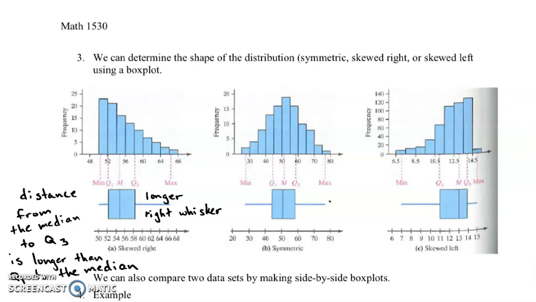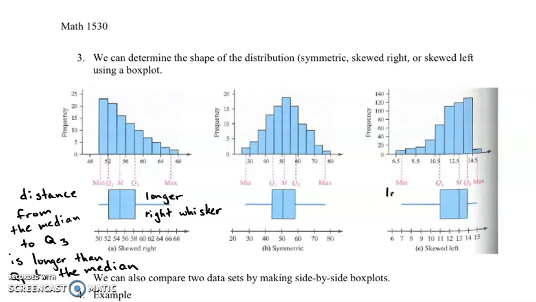the whiskers are about equally long, and the distance from Q1 to the median is about the same as from the median to Q3. And then skewed left is exactly the opposite of skewed right.